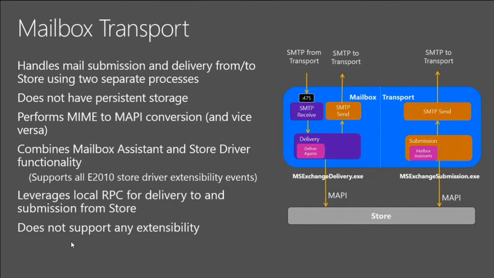What's really happening is the store is now sending us a notification saying, hey, I have an item to submit. And the submission service is the one that picks up that item from your outbox and then calls SMTP to send it to the transport service.